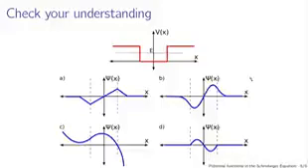To check your understanding, take this step discontinuous potential and tell me which of these hypothetical wave functions is consistent with the Schrodinger equation. Now, I did not actually go through and solve the Schrodinger equation here to make sure these things are quantitatively accurate. They're probably all not quantitatively accurate. What I'm asking you to do here is identify the qualitative behavior of these systems.